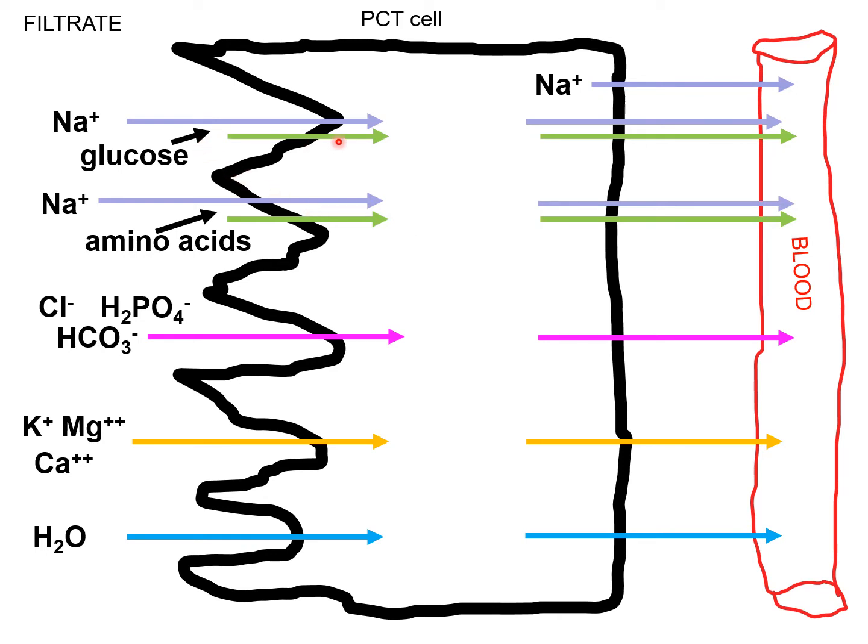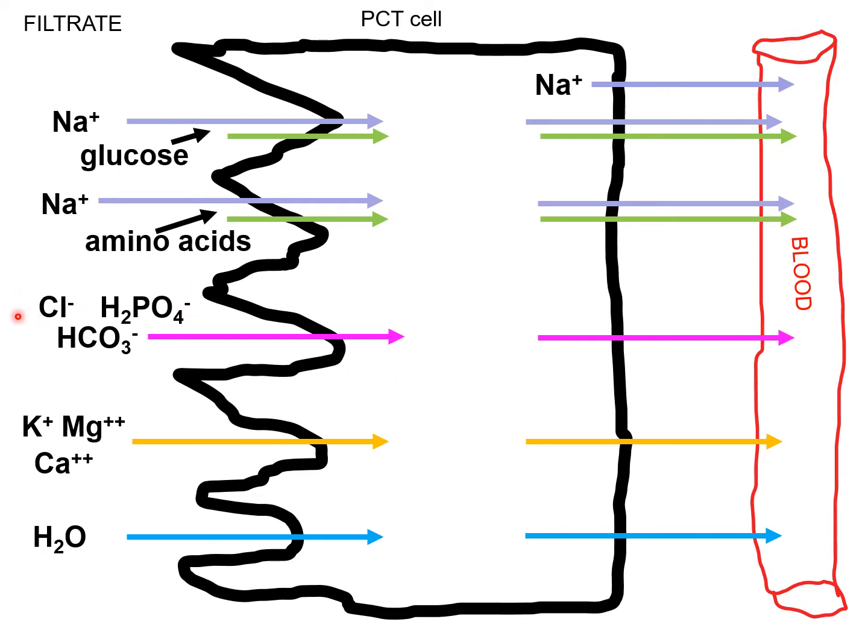With this huge movement of sodium, there will be a lot of positive charges accumulating in the cell and in the interstitial fluid, and just like a magnet, that will attract the electrolytes of the opposite charge. So negatively charged ions, chloride, phosphate, bicarbonate, are all attracted electrostatically, like a magnet, to the flow of sodium, and mostly by diffusion, these negatively charged ions will be streaming through the cell, just following where sodium goes, eventually reabsorbed into the blood.